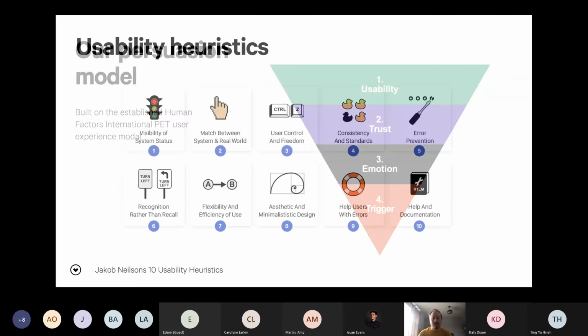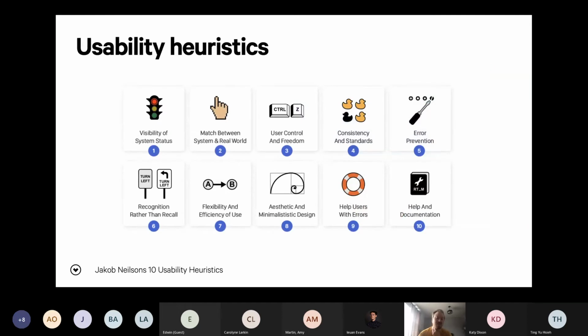Usability heuristics, you might hear this a lot from a pure play UX perspective. There's loads out there. This is Jakob Nielsen's 10 usability heuristics, but we use these as part of making sure that we're creating design systems and interfaces that are usable and common to other websites.